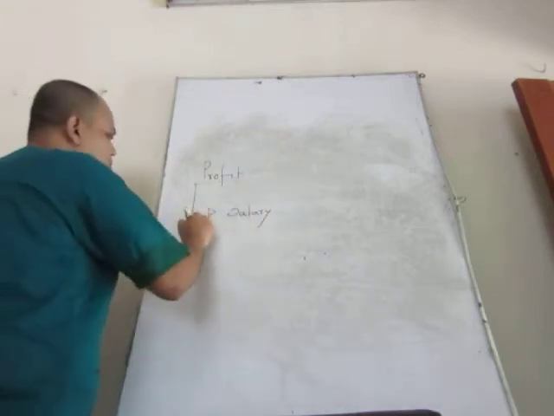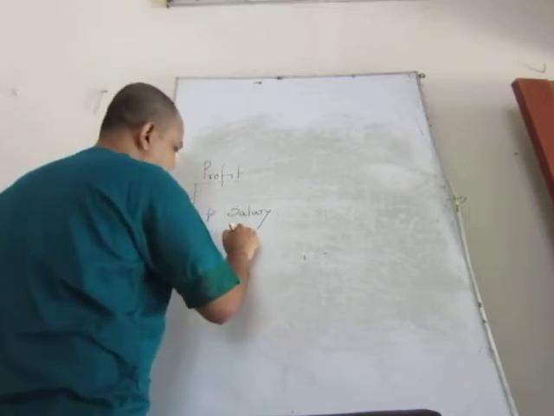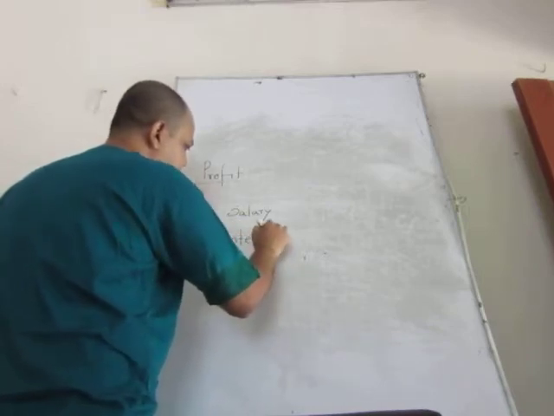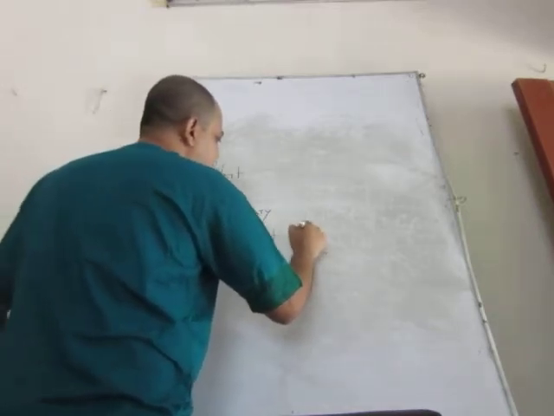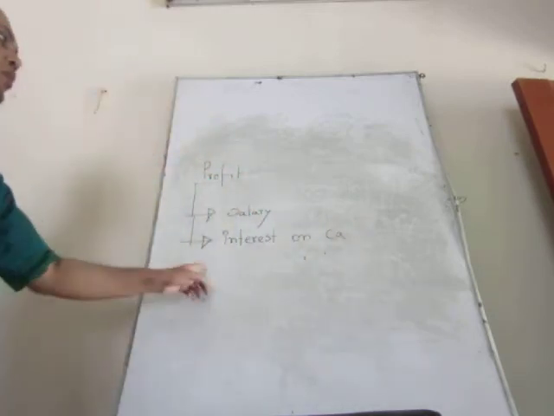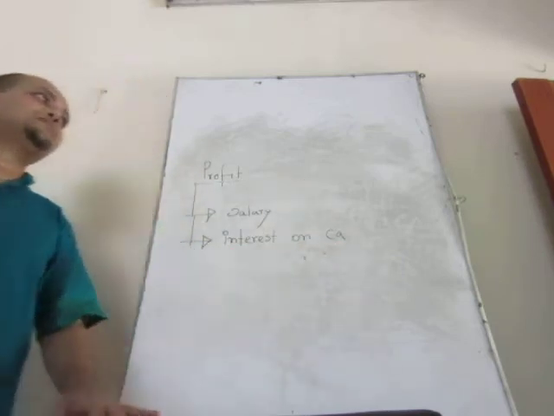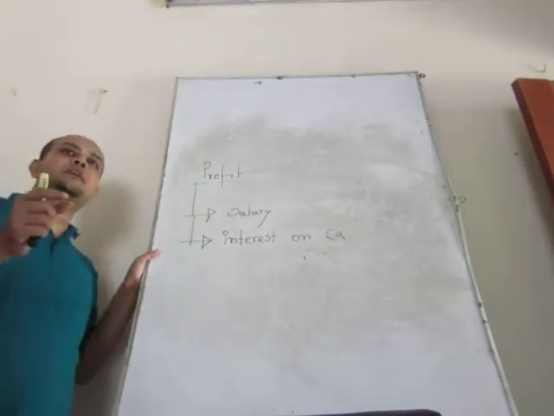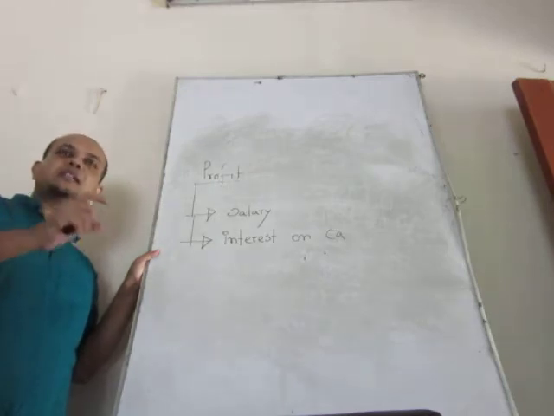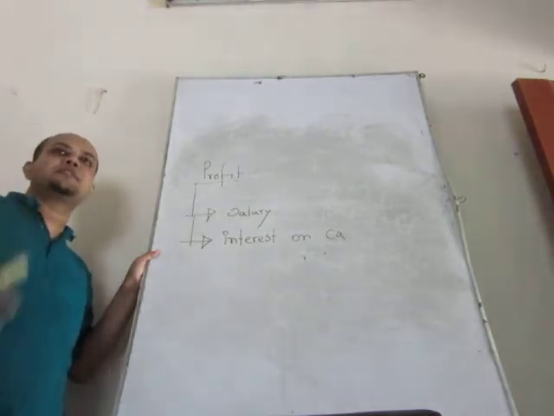Then number two, interest on capital employed. Suppose, as an example, one partner invests $100, another partner invests $200. 10% interest will be provided.